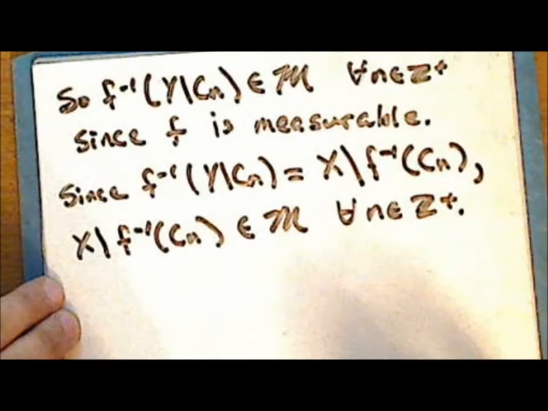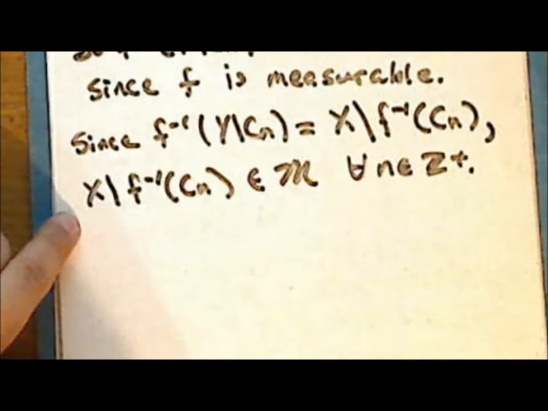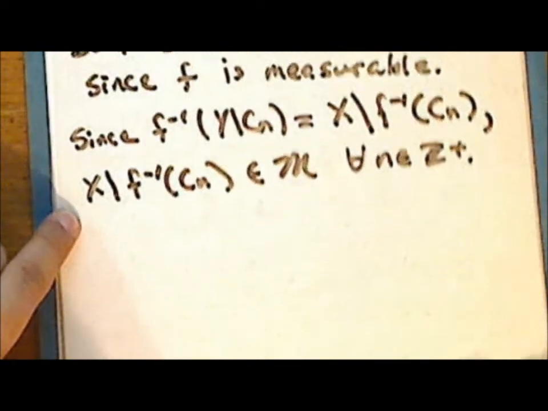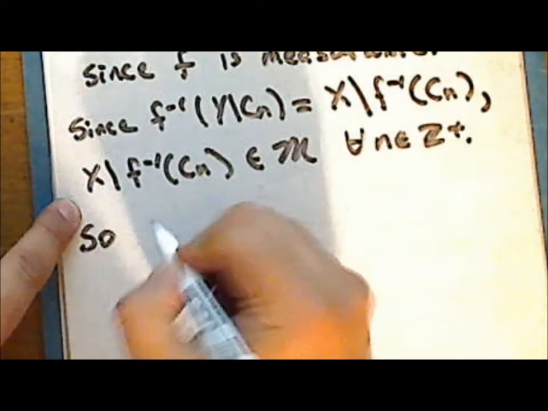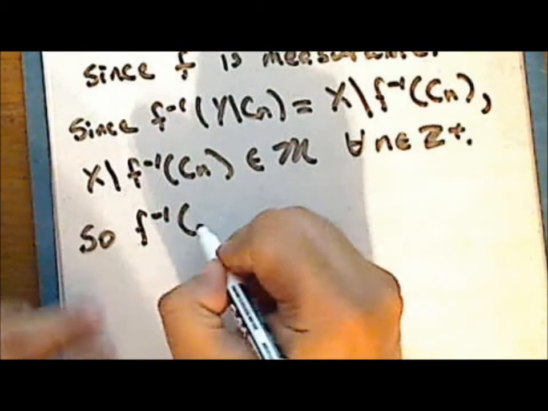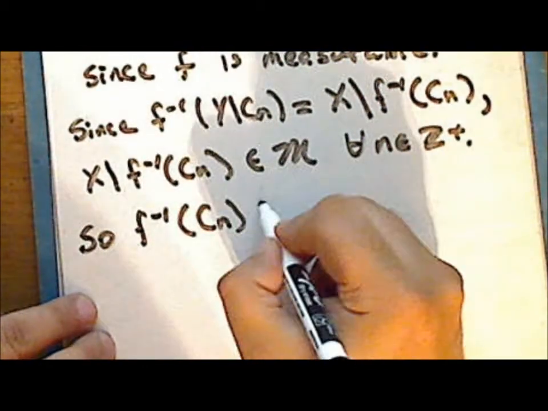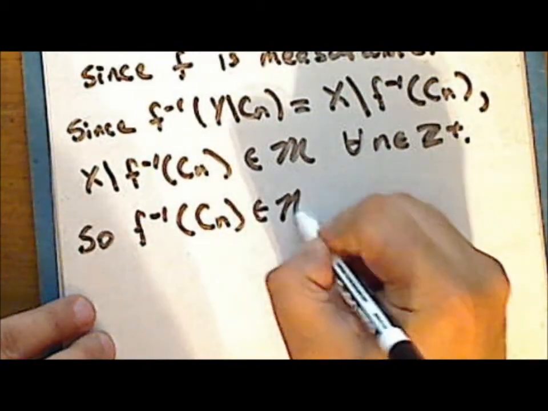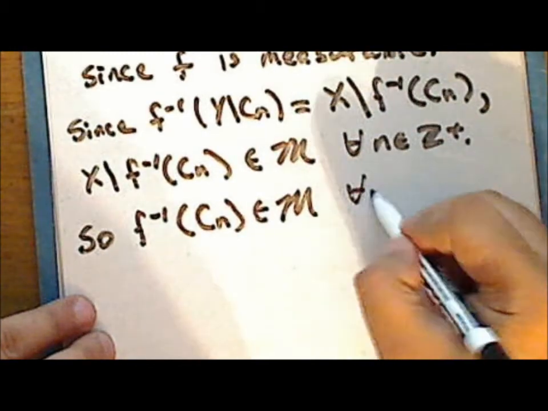So as this is a measurable set in X, its complement is a measurable set in X. And so we have that the inverse image of closed sets is in the sigma algebra in X, again for every index n.